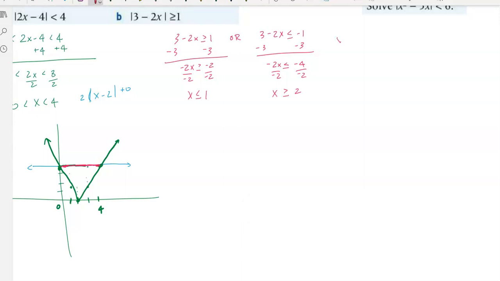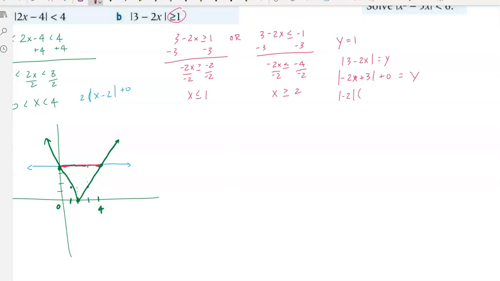So we have y equals 1. And then we have absolute value of 3 minus 2x equals y. Okay, and we need to figure out the parts that are greater than 1. So I'm going to rewrite this as negative 2x plus 3 plus 0 equals y. Let's go ahead and factor out negative 2.